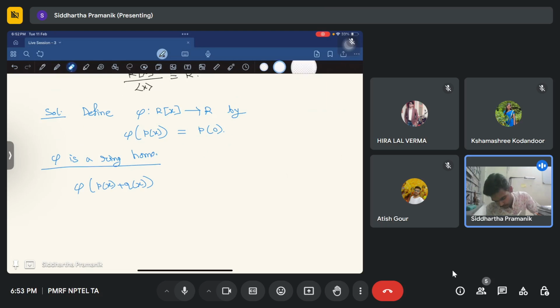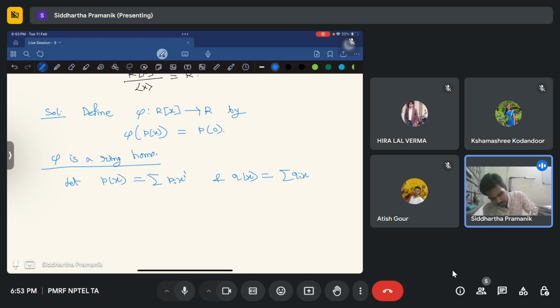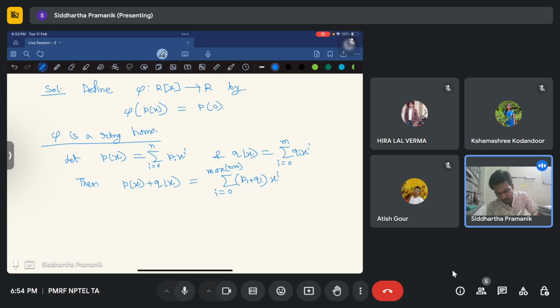Let p(x) equal the summation of pi x to the power i, and q(x) equal the summation of qi x to the power i, where i is 0 to m for p and 0 to n for q. Then p(x) plus q(x) is just the sum of the coefficients (pi plus qi) times x to the power i, with i from 0 to the maximum of n and m.